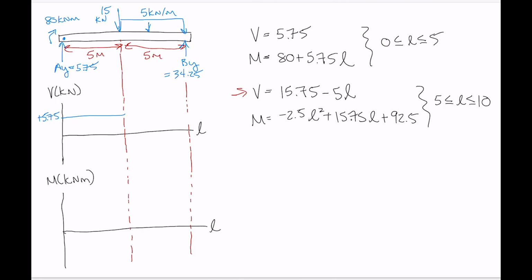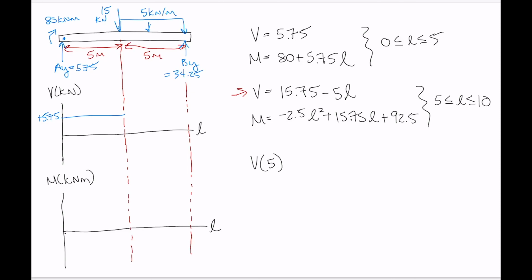Now for the next segment, we go down and look at our next equation right there. And here we've got 15.75 minus 5L. So that's a linear line with a negative slope. The slope is minus 5. So what we need to do is determine where this linear line with a negative slope starts on the y-axis. So to do that, we just want to take the value of that equation at a distance of 5.